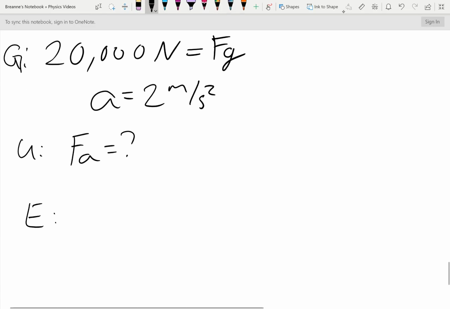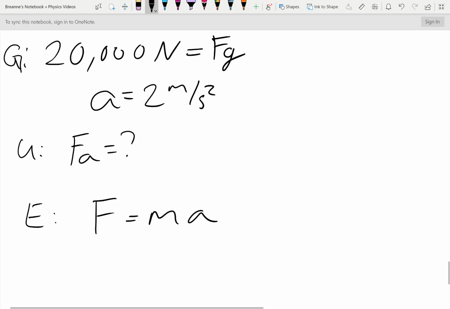The main equation we have is F equals ma. So any force can equal your mass times acceleration. Well, we have our acceleration. We're looking for our force, but we need our mass. Is there a way that we can solve for mass?